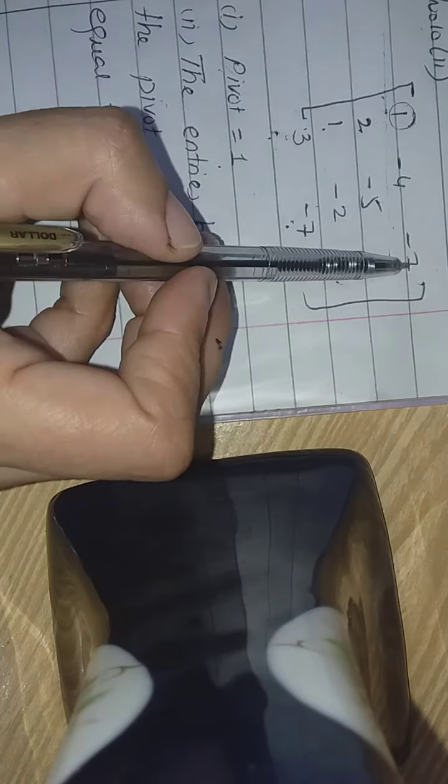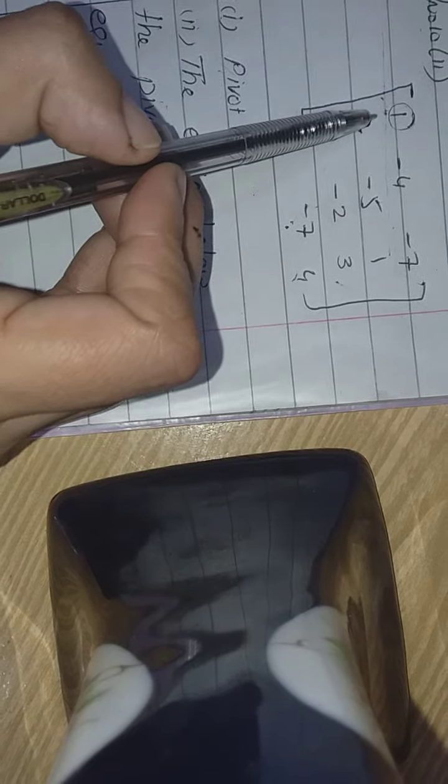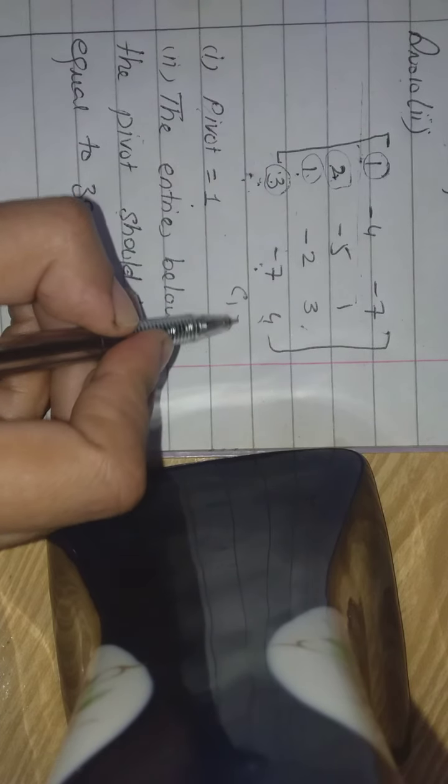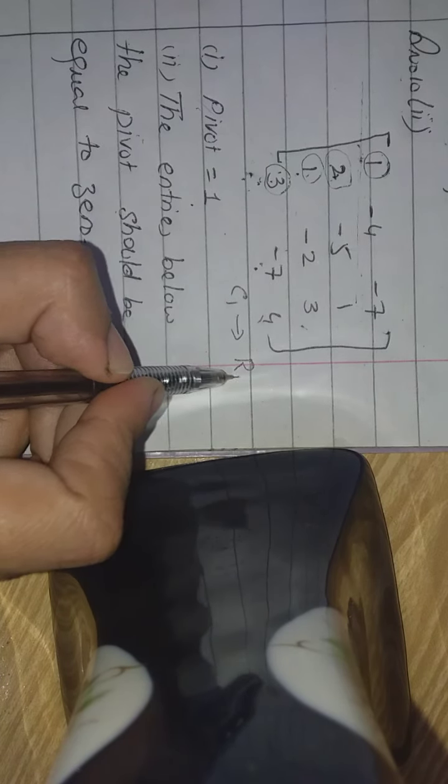So starting from the first row, the pivot is 1, and we have to transform these 2, 1, 3 to 0. We have to bring 0, 0, 0 in these 3 places. While working in column 1, we always use multiples of R1.